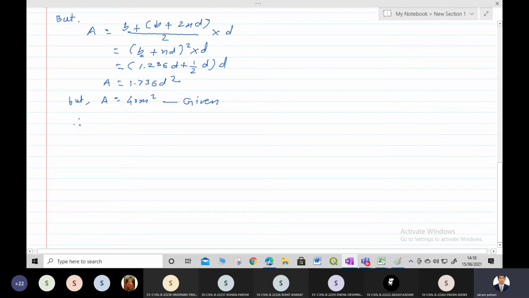Therefore, this is equation number 2. From equation 2, 40 is equal to 1.736 d square.